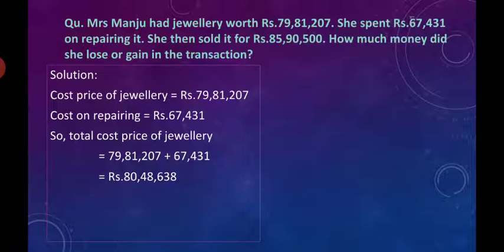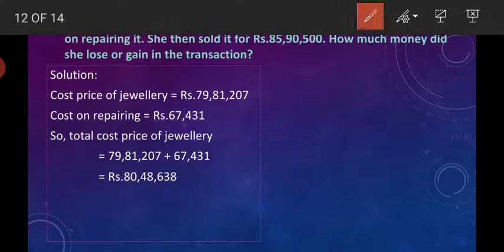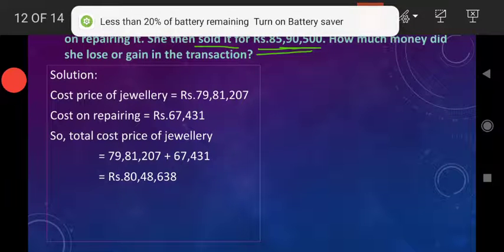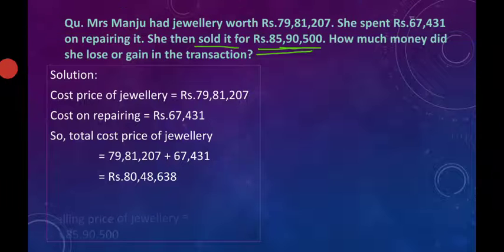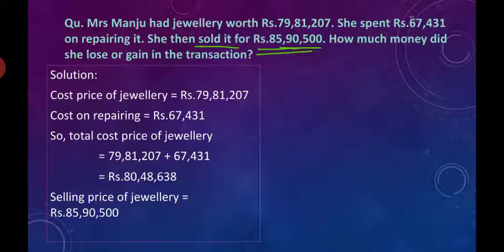Now again we have given the selling price of the jewelry. Okay, the selling price of the jewelry is 85,90,500. Now compare these two.